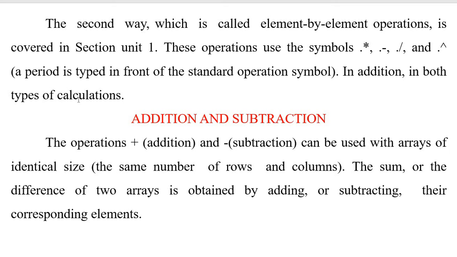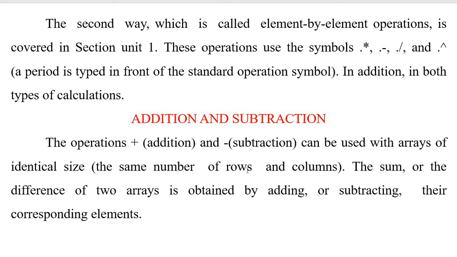Now we are going to see briefly addition and subtraction in arrays. The plus symbol for addition and the minus symbol for subtraction can be used with arrays of identical size. As mathematics students, we know how to add and subtract matrices. If you want to add matrices, the two matrices must have the same order, that is, the same number of rows and columns.